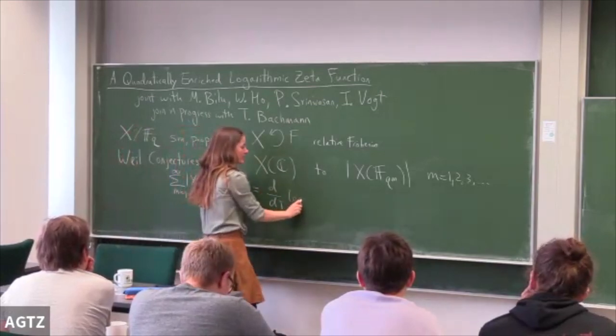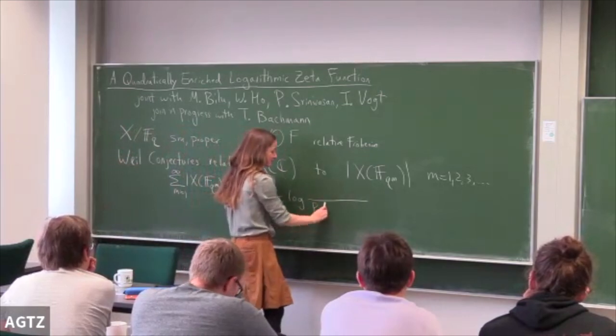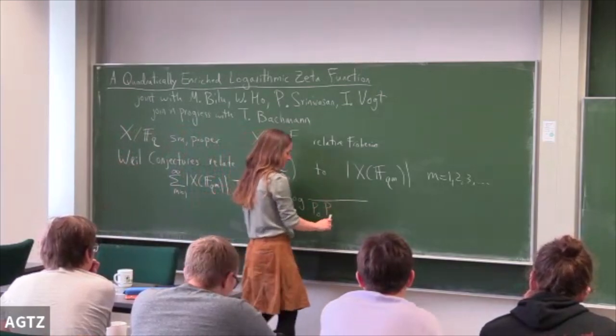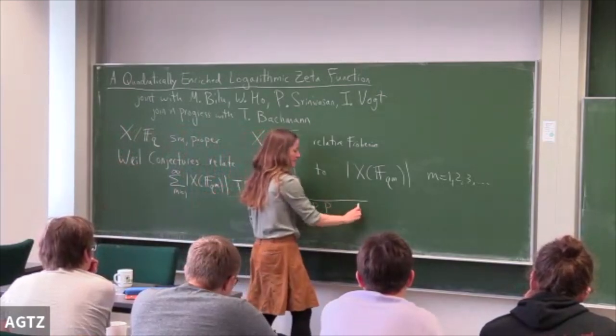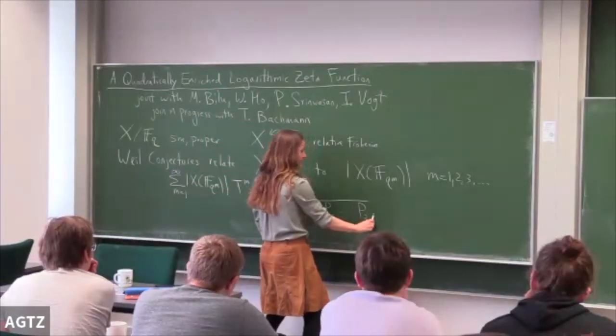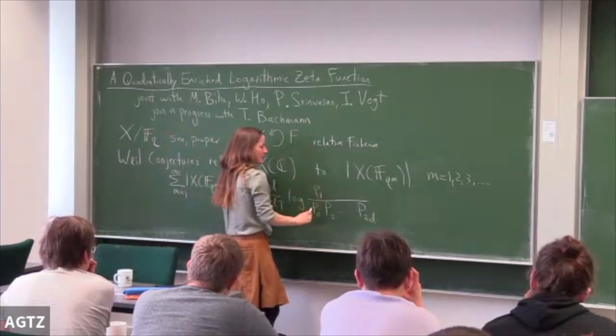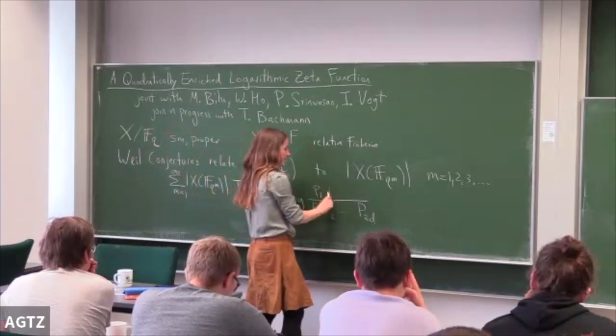Which is a product of polynomials whose degrees are given by the dimension d, are given by the Betti numbers of X_C.